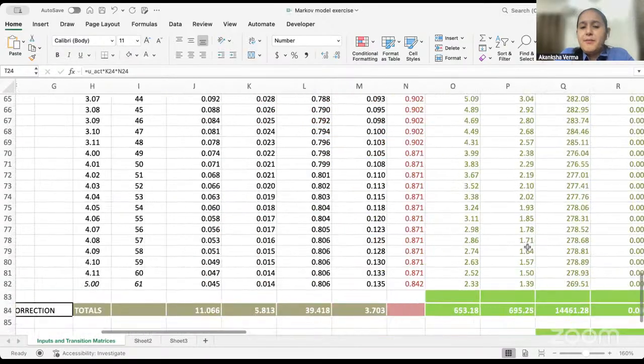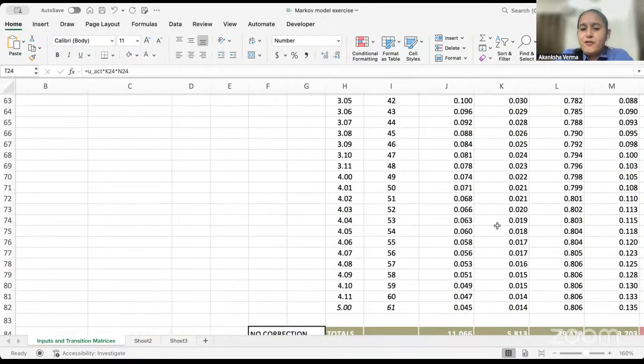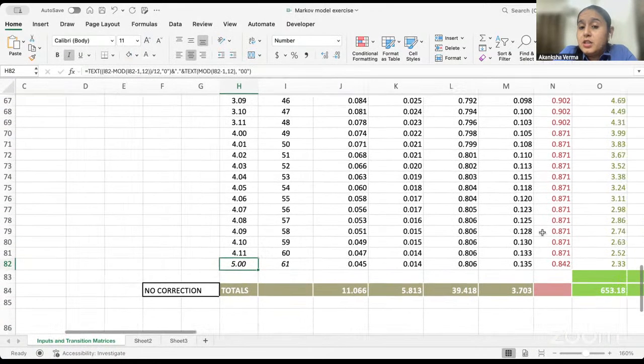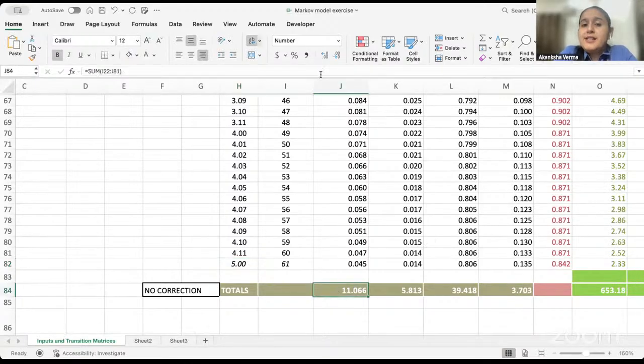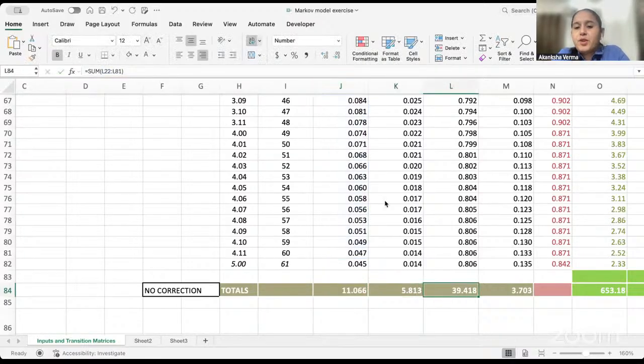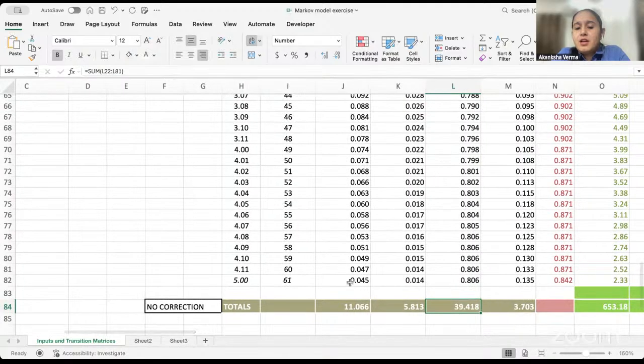Once you are done with all this calculation for all the years, okay, you will provide the final results. How would you do that? You would sum all of the results, okay, so you will sum the results for each health state, right?